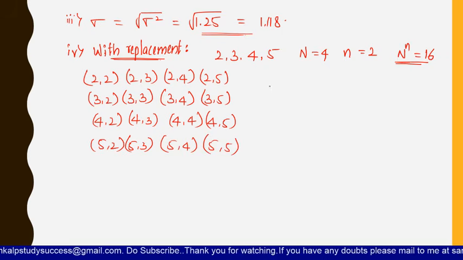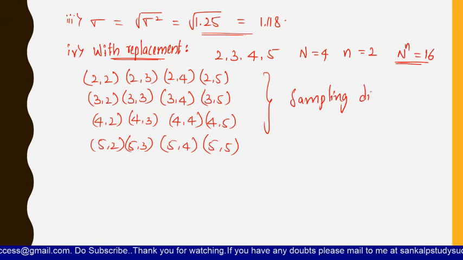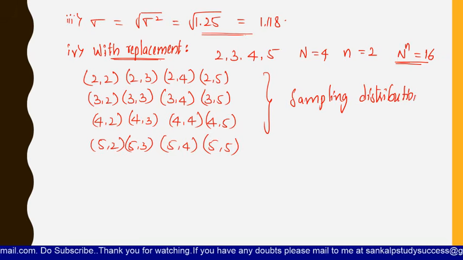This is called the sampling distribution. What do you need to find out actually? The sampling distribution of means, right? That means for each and every sample you have to find the mean. That means 2 plus 2 divided by 2, 2 plus 3 divided by 2, 2 plus 4 by 2, and similarly for all 16 possibilities.